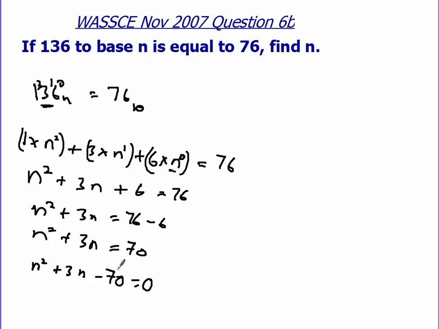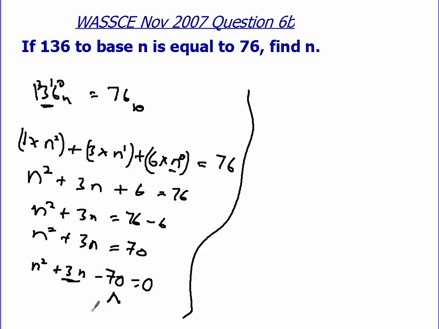Therefore, I have to simplify this by factorizing. So let's look for factors of 70 such that when I add the two factors, I'll get positive 3, but when I multiply the two factors, I'll get negative 70.